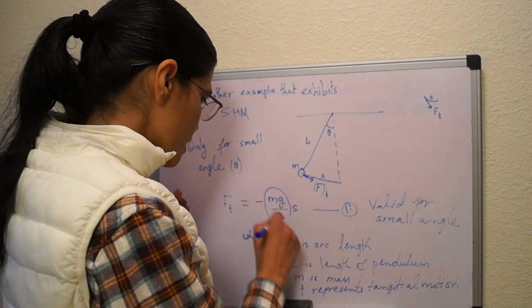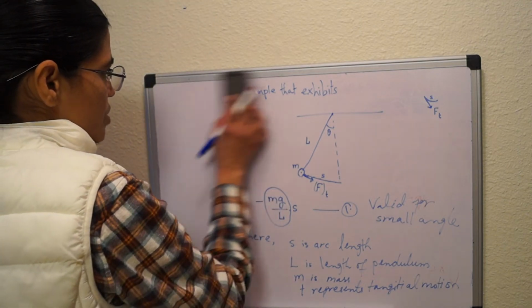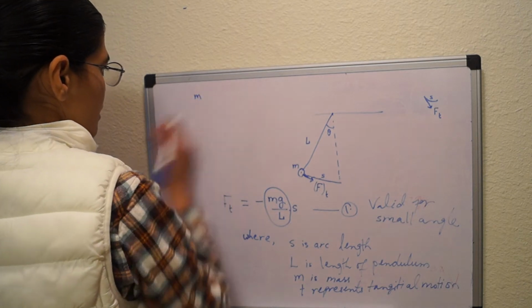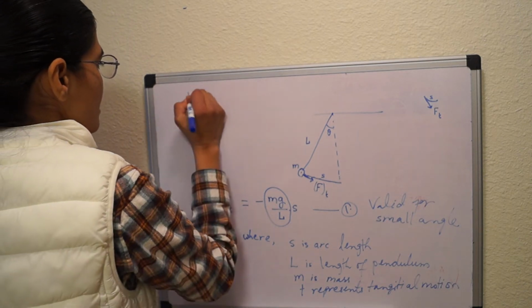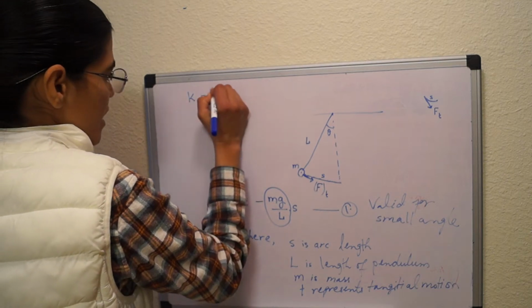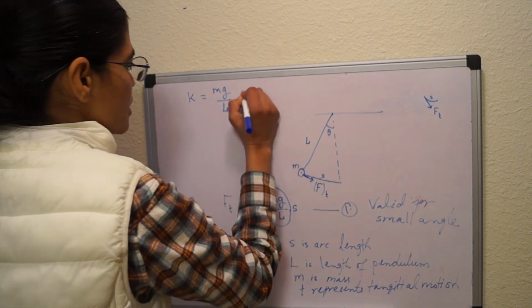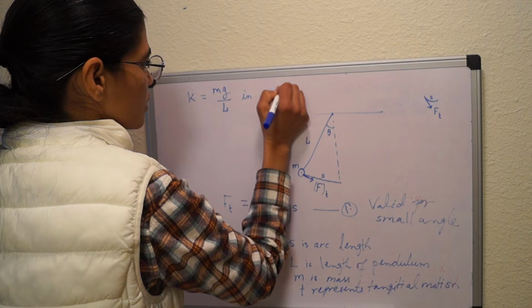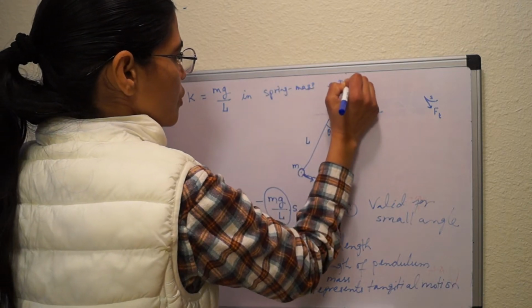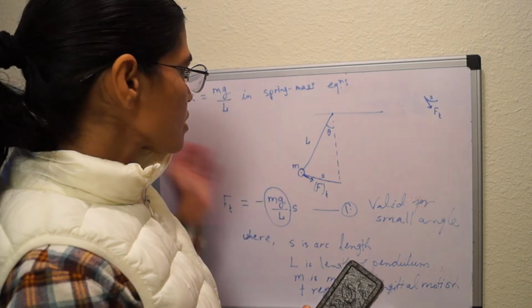So wherever we have k in the spring mass equation, if we replace k by mg by L in the spring mass equations, then we can use everything for the pendulum.